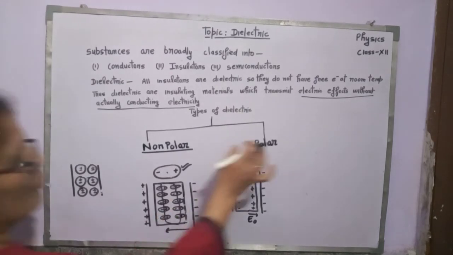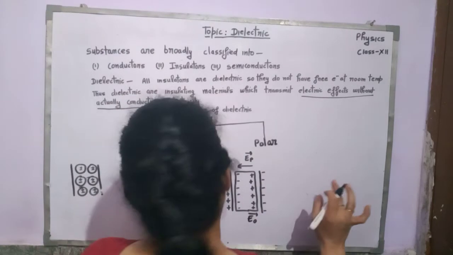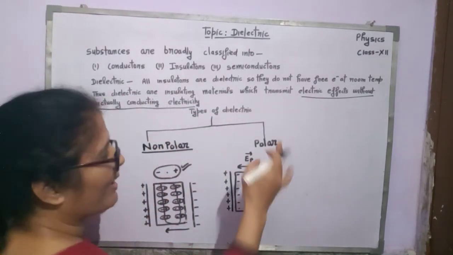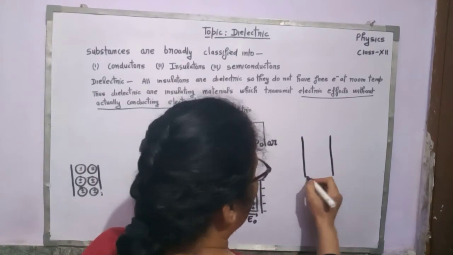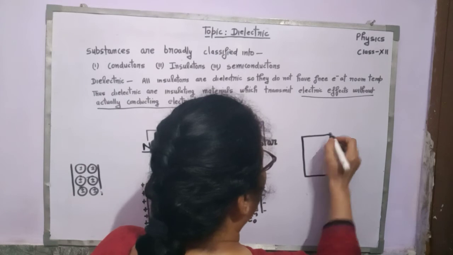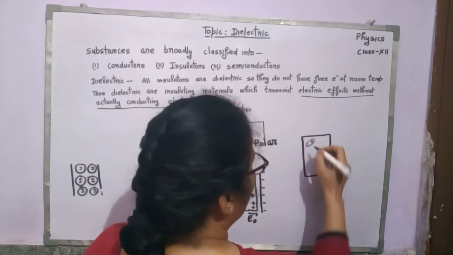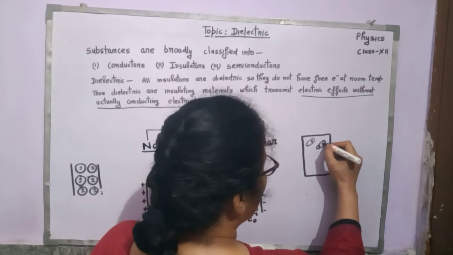But when polar molecules are in the absence of an external electric field, they are aligned in different directions, so that their net electric dipole moment is 0. Suppose this is negative, this is positive. Now in the second case, this is positive, this is negative.